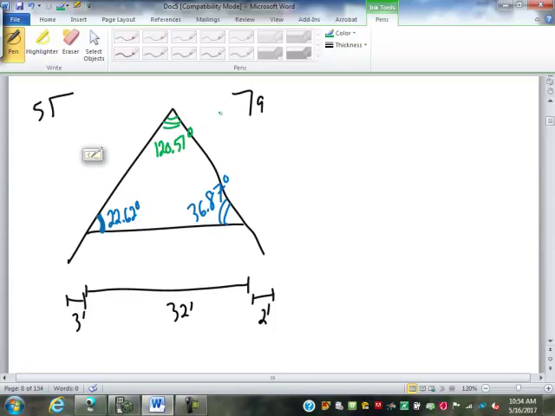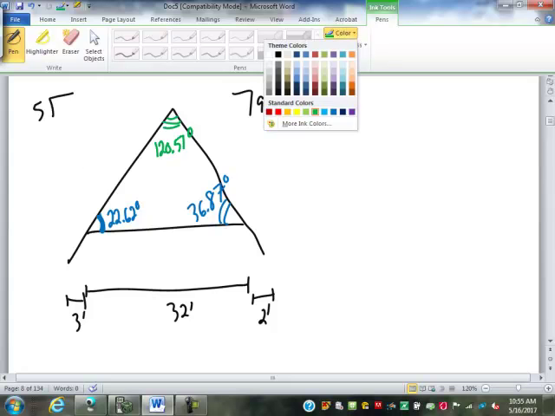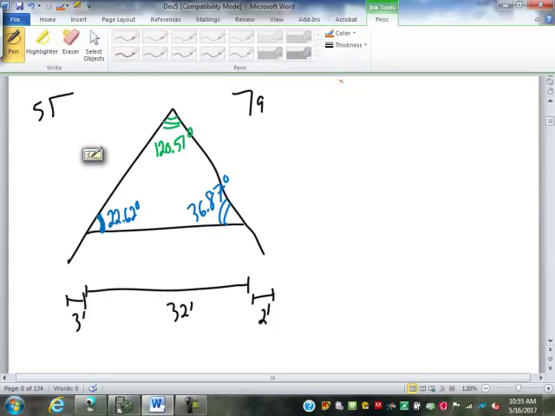Does it sound good? Sounds wonderful. Okay. So now what we are finding here is going to be the distance from here to here. We've got 32 over the sine of 120.51 equals that distance over the sine of what? 36.87.